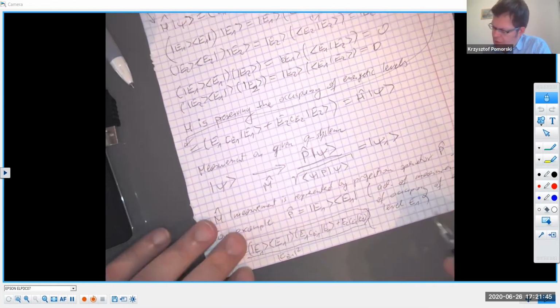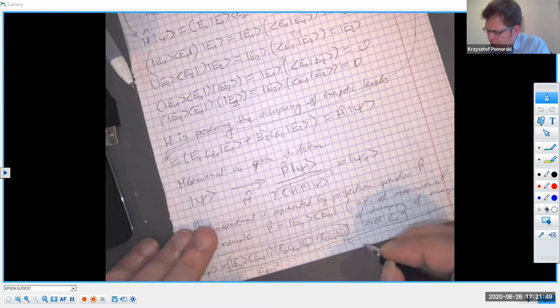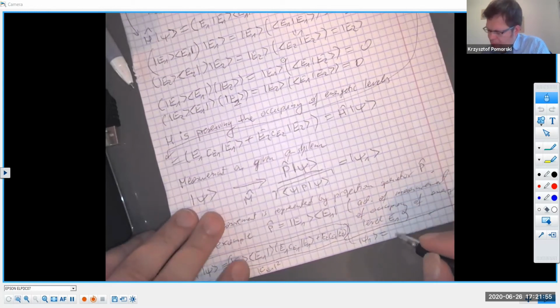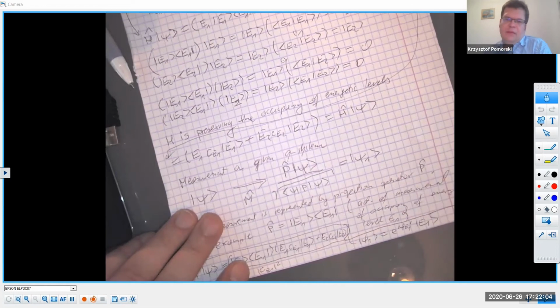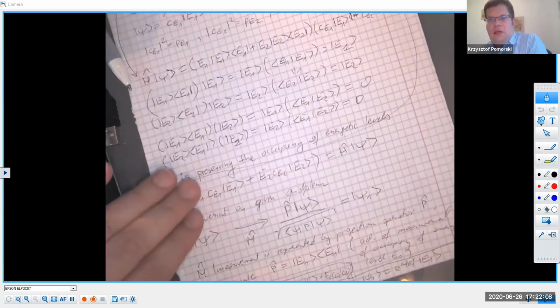So basically the situation is quite boring: after this measurement, your state is basically some phase times the state with a given eigenenergy.